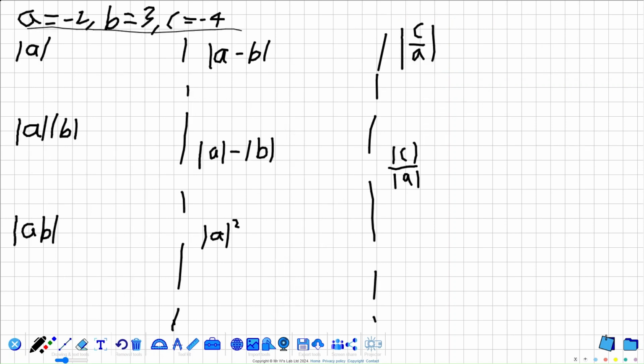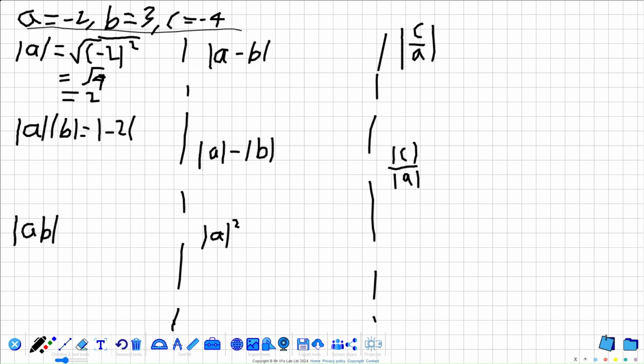Alright, so now we're going to have a look at a few examples and see how we'd actually evaluate them. The first one is pretty straightforward. I'm going to do the full method: square root of (-2) squared, which equals square root of 4, which equals 2. And then the next one, you're going to do these separately.